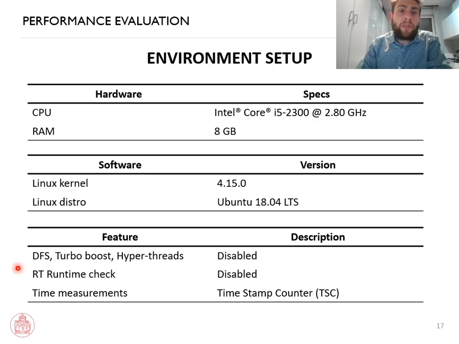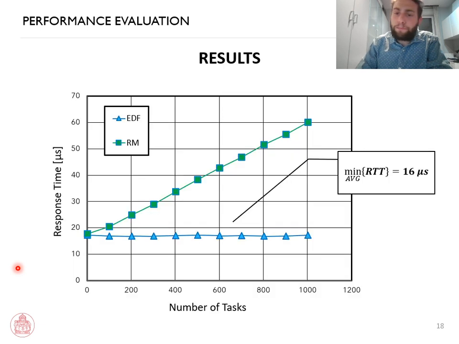Okay, so let's pass to the performance evaluation. Briefly, these are our environment characteristics. We tested on an i5 desktop computer, and here are summarized all the parameters if you want to repeat the test.